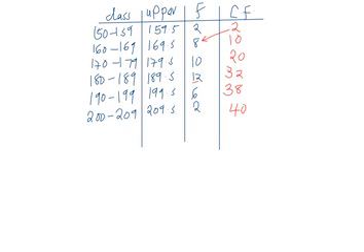Now to get the median, the total cumulative frequency is 40, and this is an even number, so we'll have two numbers in the middle, that is half of 40 and half of 40 plus 1.